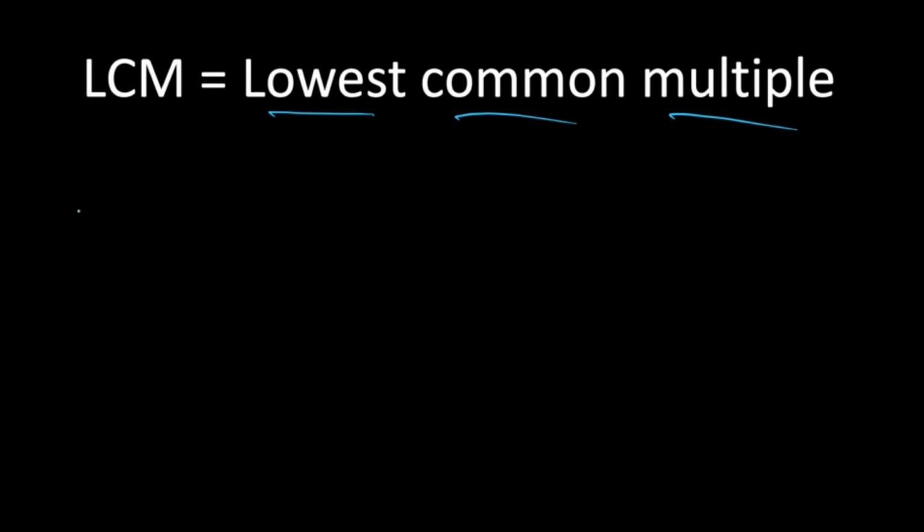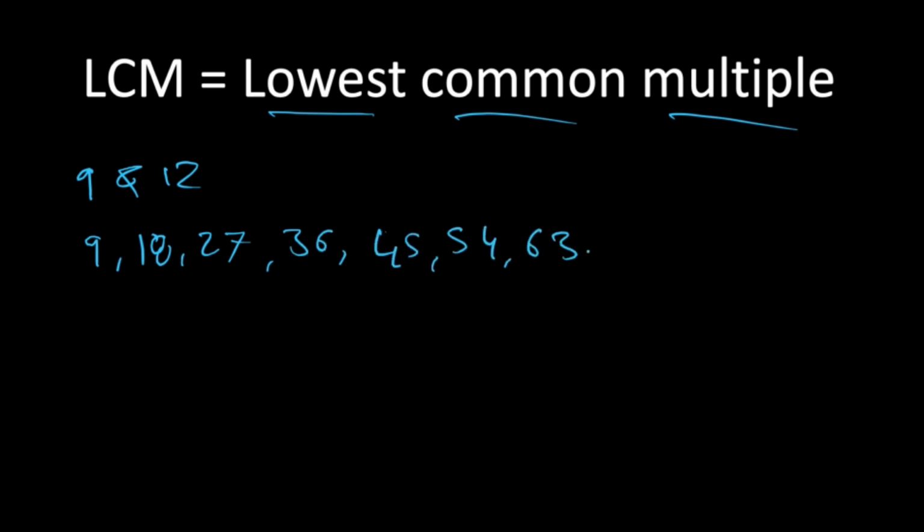Another example, 9 and 12. Simply write the multiples of 9. So 9, 18, 27, 36, 45, 54, 63, 72, 81, and 90. Do the same for 12.